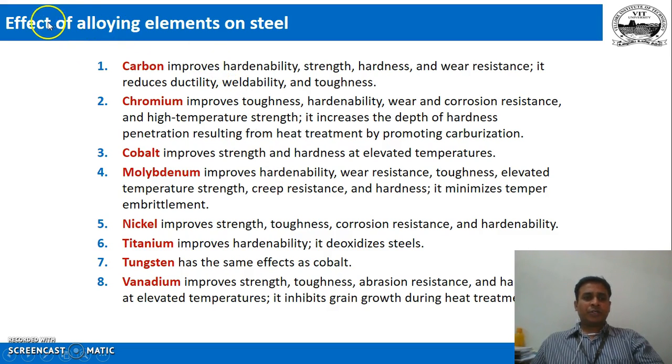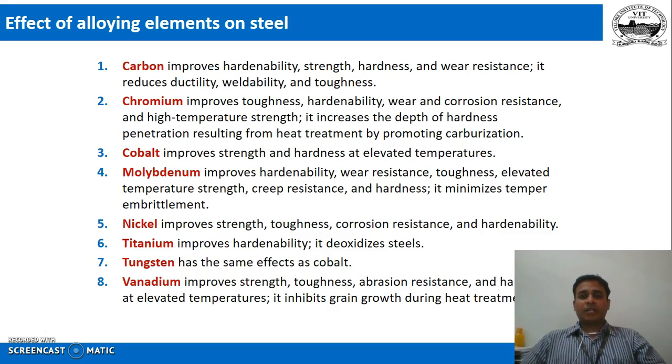Of course, it is important for you to know what happens if you add different alloying elements. For example, if you add carbon, what happens? Anyway, in iron carbon steels you have carbon. Even if you keep adding carbon, you improve the hardenability. That means it is easy to get martensite if you increase the carbon percentage. Why? Because your C curves will move to the right.